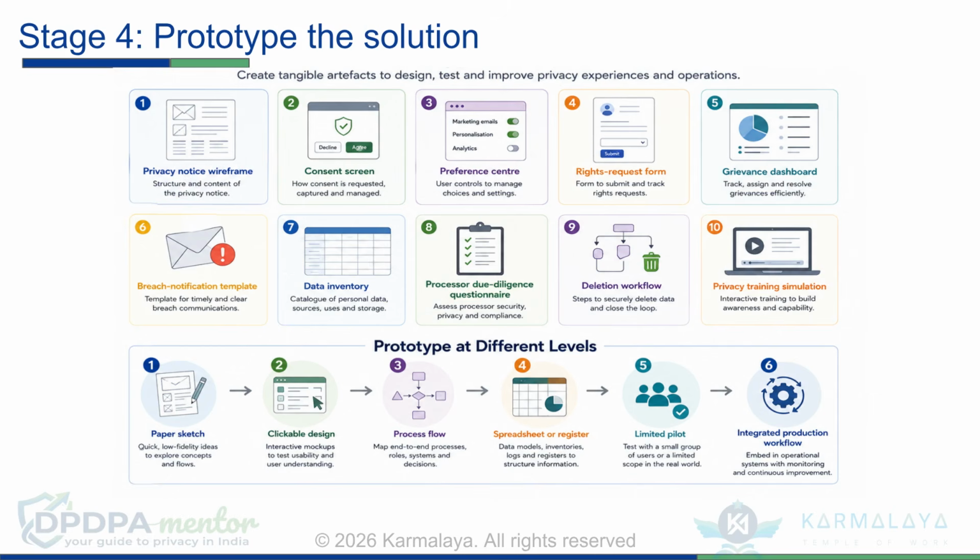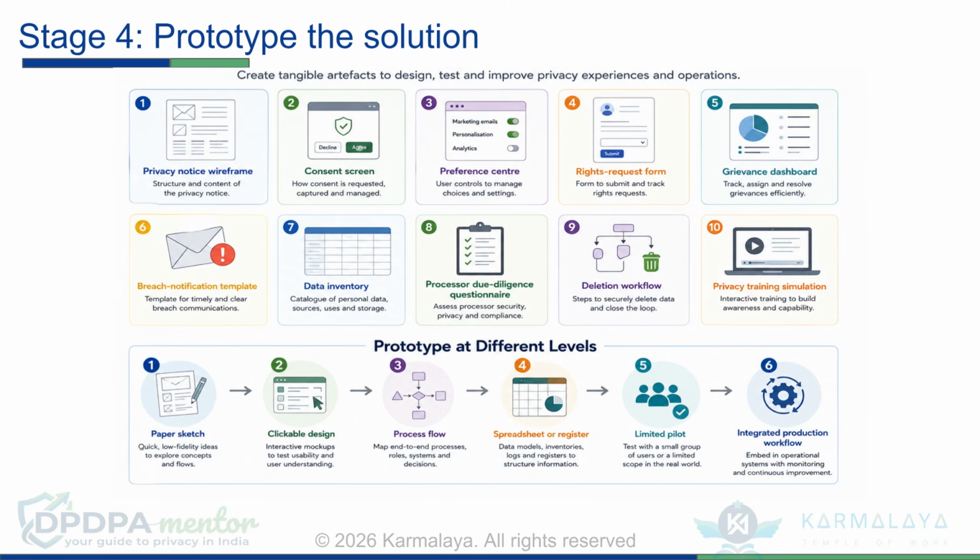Prototyping allows the organization to learn before making a costly full-scale implementation. A prototype does not need to be technically complete. It may be a paper sketch, a clickable interface, a process map, or a spreadsheet showing how requests are routed.